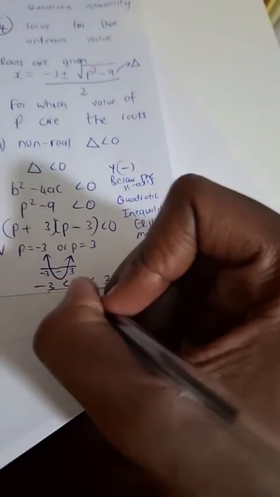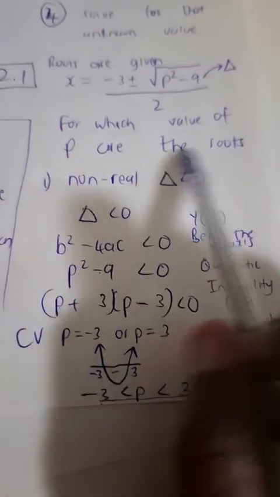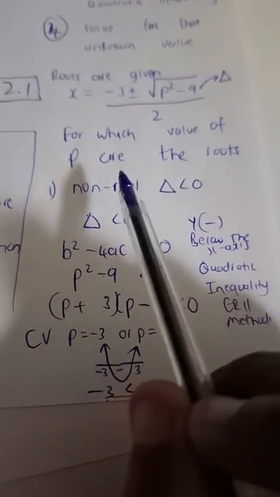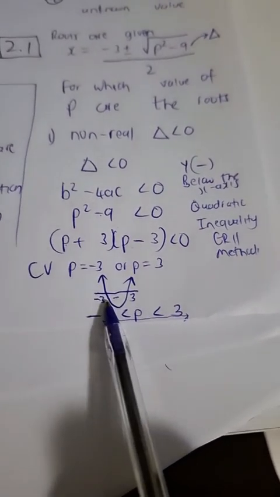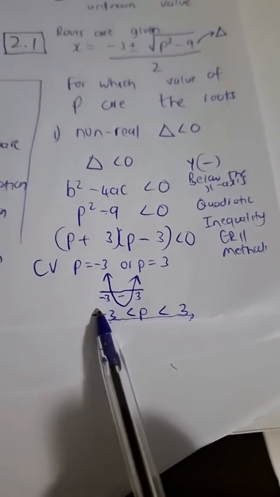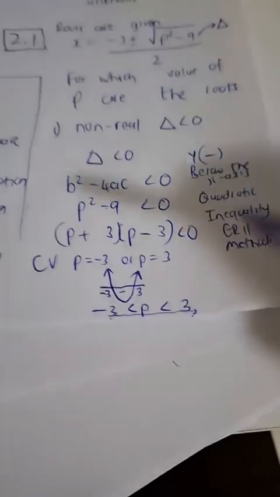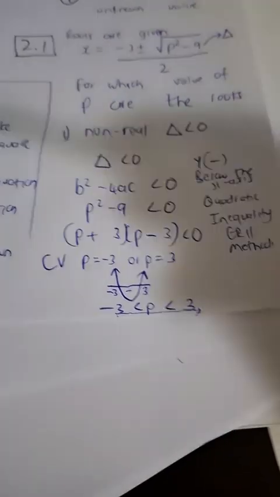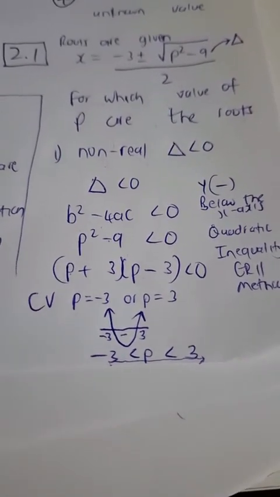Those are the values of P that will allow me to have non-real roots. It's when P is greater than -3 but less than 3. Finished. And I followed the same method that I know to follow whenever I'm solving a quadratic inequality.